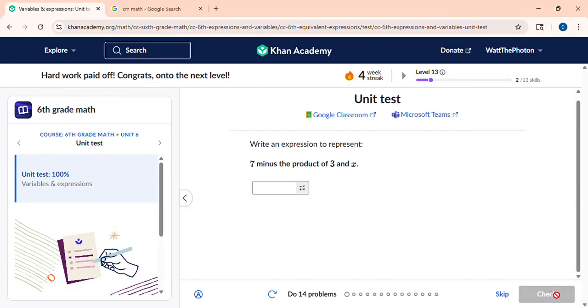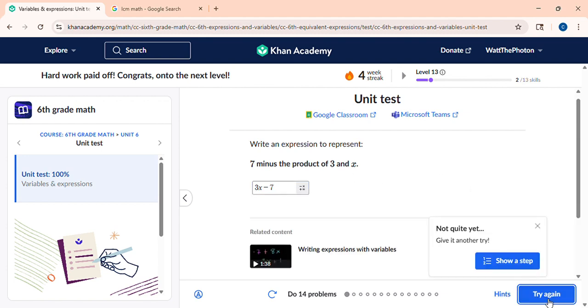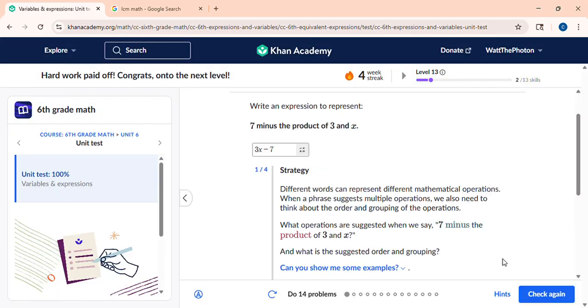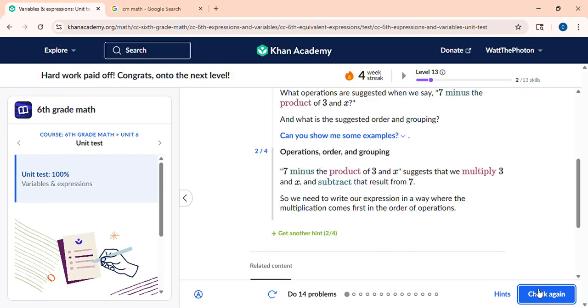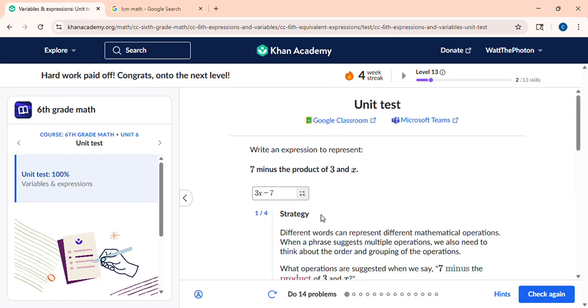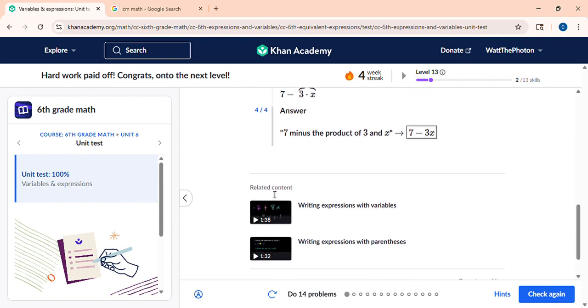Double down. 7 minus the product of 3 and x. 3x minus 7. You didn't see that. 3x.